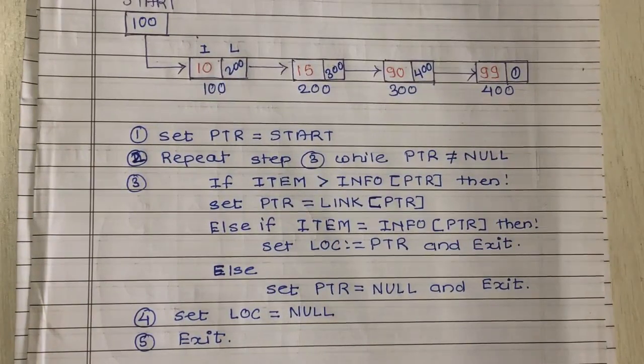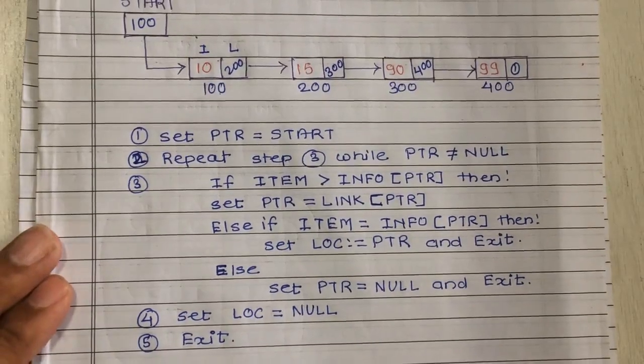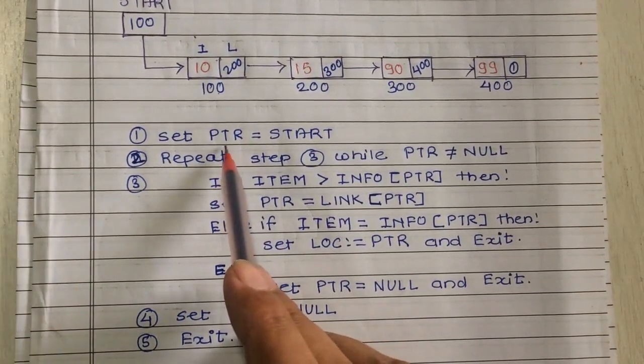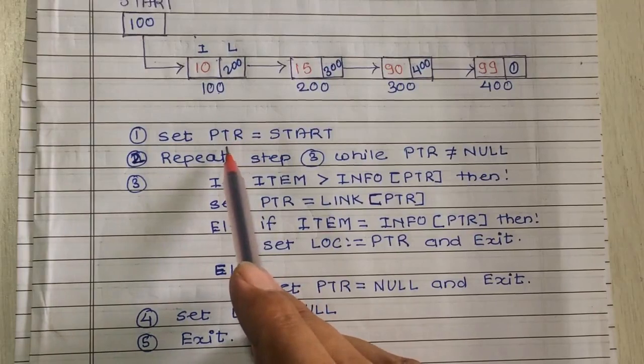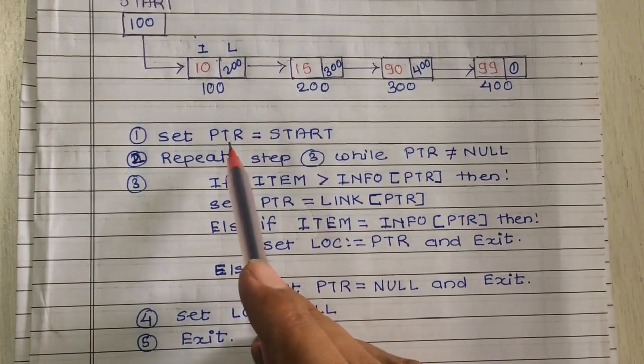Okay, I will start the explanation of this. Before starting, I will explain the terms we have used. PTR, which we already discussed in the last lecture, is the pointer variable which holds the address of the node which is currently being processed.